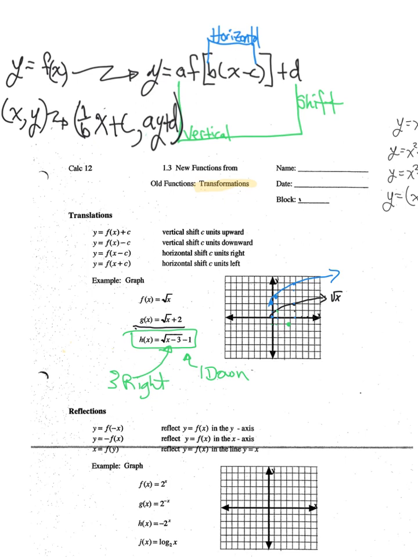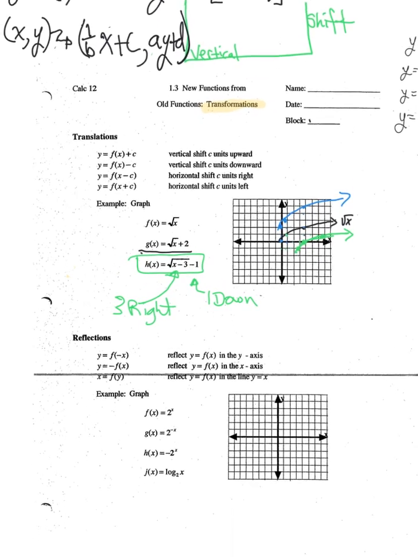This point 1, 1, 1 down and 1, 2, 3 to the right. This point 2, 4, move it 1 down and 1, 2, 3 to the right. And there is that transformed function. So that's how you shift it, both vertically and horizontally.